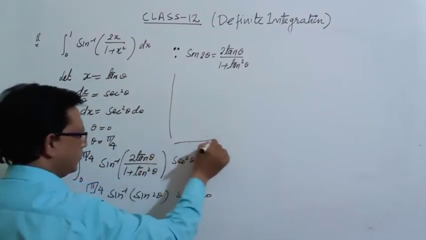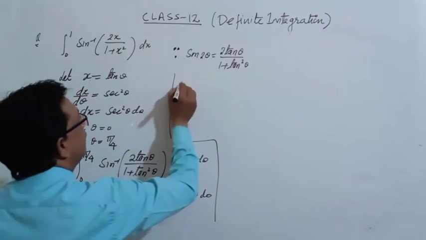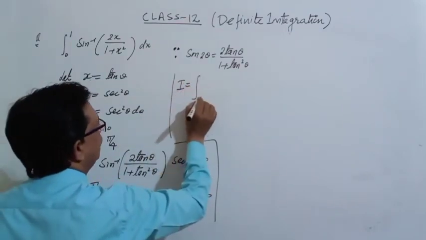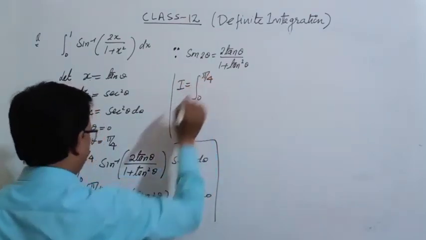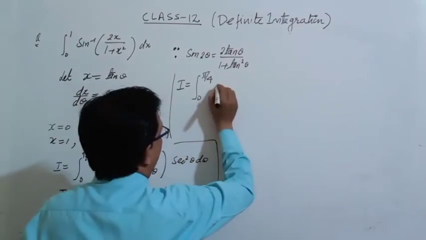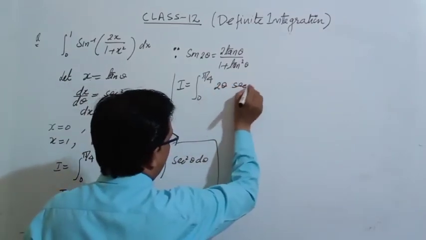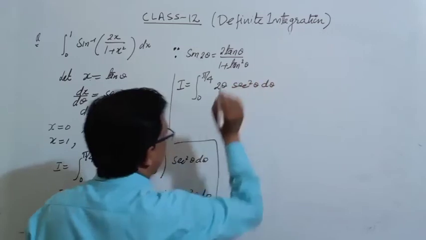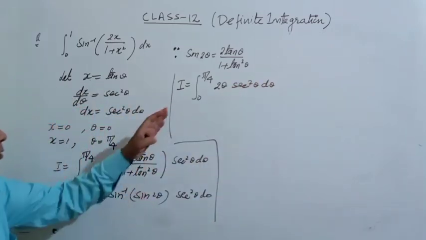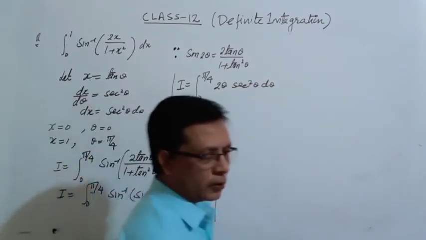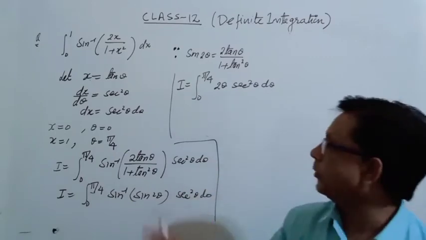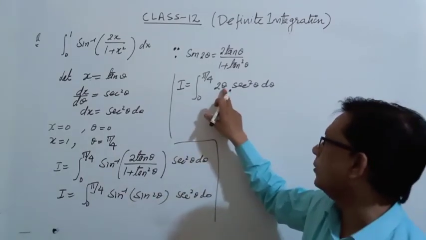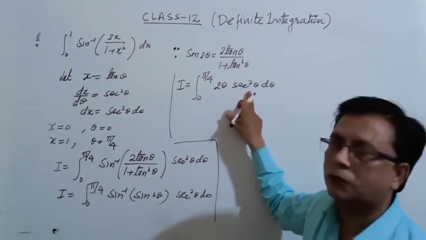This is cancelled out. So here I is equal to the integral from 0 to pi by 4 of 2 theta sec square theta d theta. Now the question is reduced to an important part of integration. Here two functions are present. One is an algebraic function, the other is a trig function.